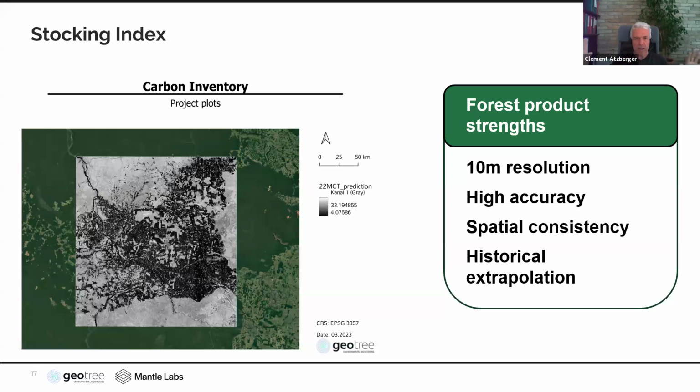We train this over, let's say, the state of Pará in Brazil, using only a spatial subset. And then we freeze the model. We really freeze it. We don't touch it again. We don't even do fine-tuning, nothing. We freeze the model, and then we apply it to all the years.